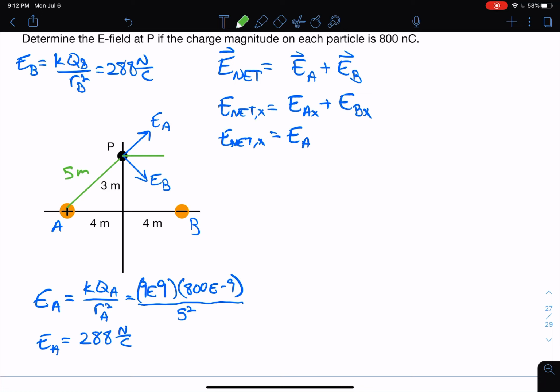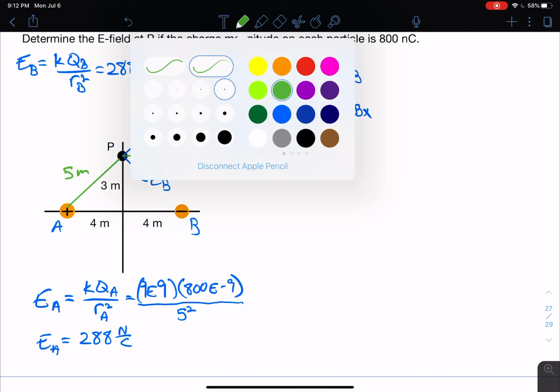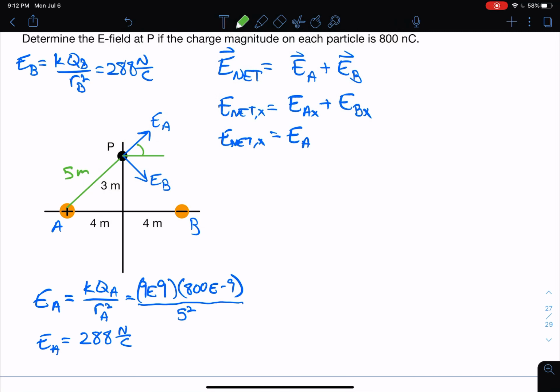I'm going to call this angle right here theta. And you'll notice that angle theta has to be the same as this angle theta. I know that because this line is horizontal, this line is horizontal, and this side here that I drew is parallel to EA.